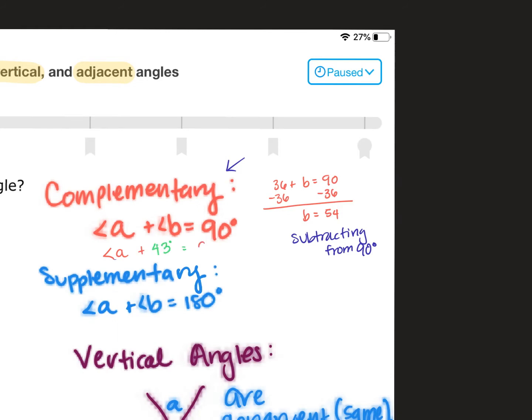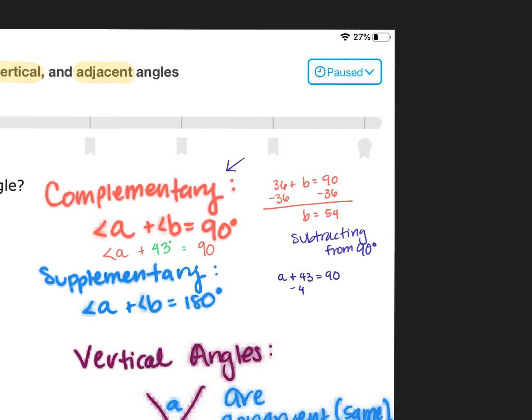Should add up to 90 degrees, right? They're complementary. What is the measurement of angle A? So if angle B is 43, then we want to find out what the other angle has to be to give me 90. So here, let's go ahead and set it up over here. An angle plus 43 should equal 90 degrees, right? We're going to solve for A.